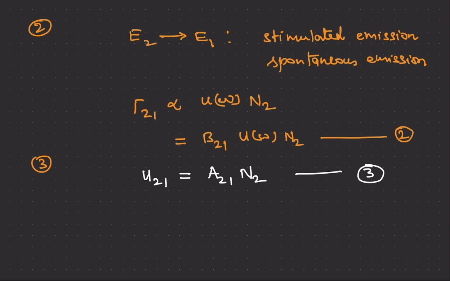At thermal equilibrium between the atomic system and the radiation field, the number of absorptions is equal to the number of emissions per unit time per unit volume.